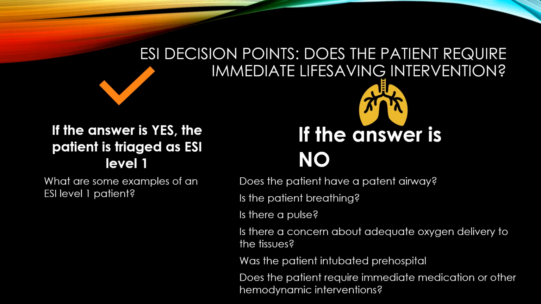Hemodynamic interventions do not include IV access, supplemental oxygen, cardiac monitors, EKG, or labs, but do include intubation, a patient that is apneic, pulseless, in respiratory distress, or with pulse ox less than 90%, or an acute mental status change, which would be evaluated with the AVPU scale, or the patient is just unresponsive. And unresponsive is defined as a patient who is either nonverbal and not following commands acutely, or requires noxious stimulus, which would be a P or U on the AVPU scale.